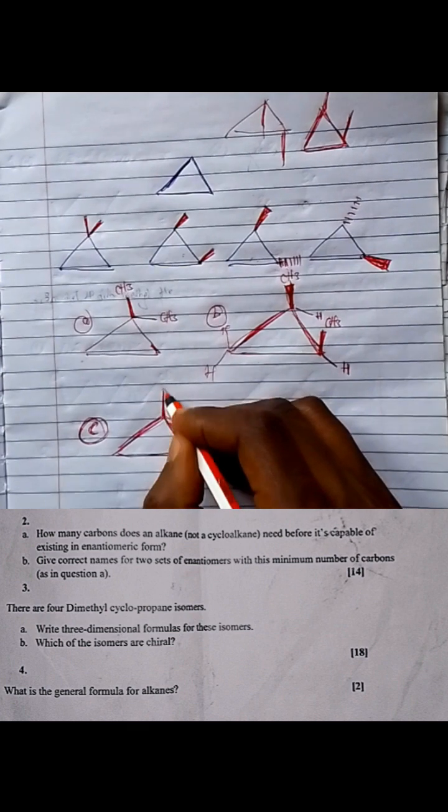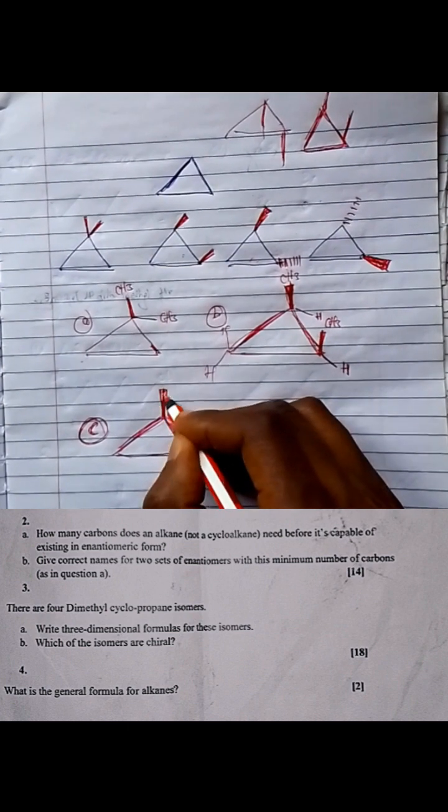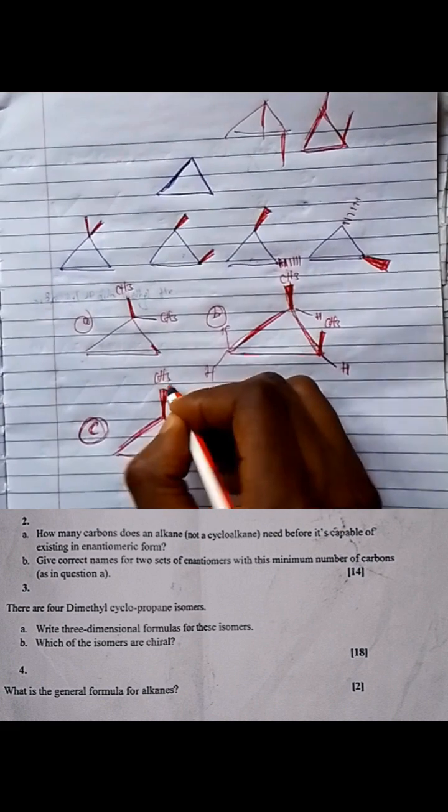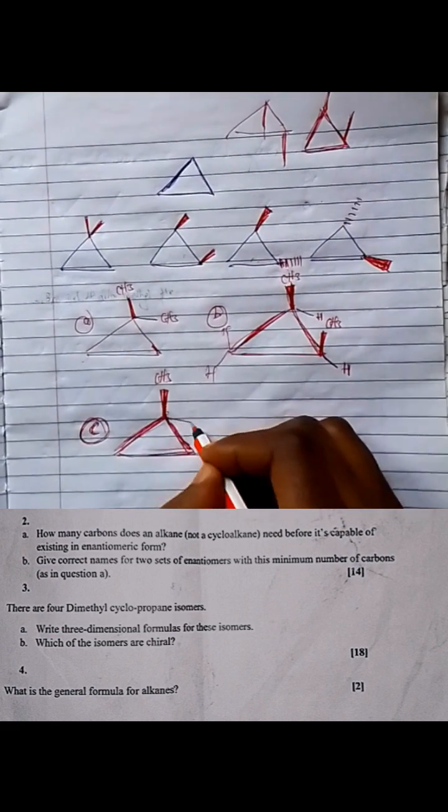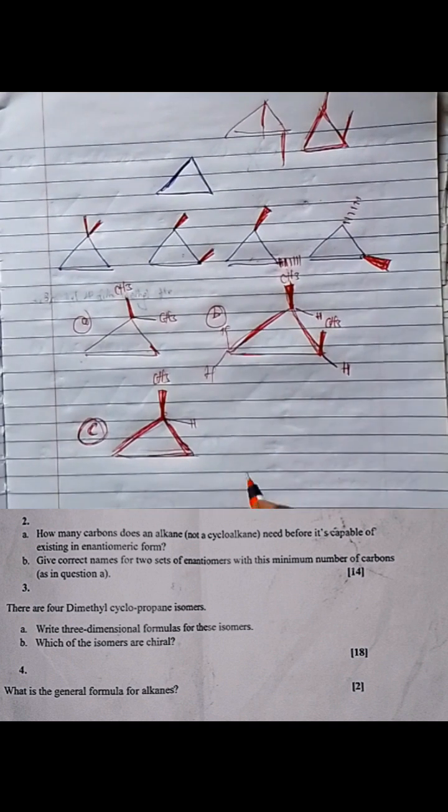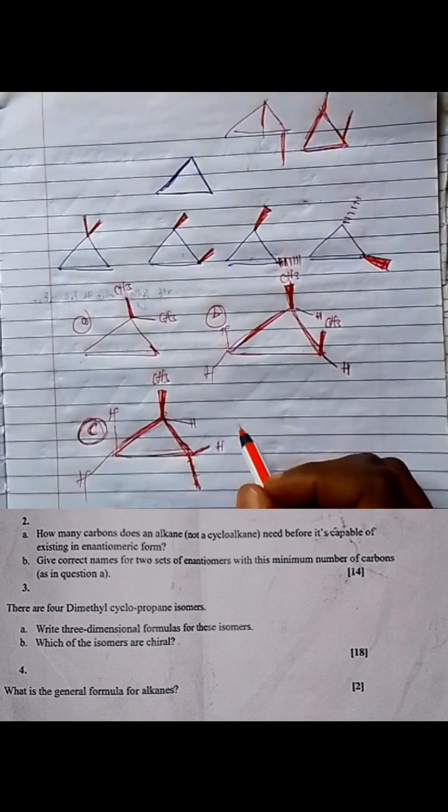We have one methyl group that's going out of the page, and then we have another hydrogen there, and then we have one that is going that way. Oh, it's the one we've dashed. And then we can also have a hydrogen there, like that.